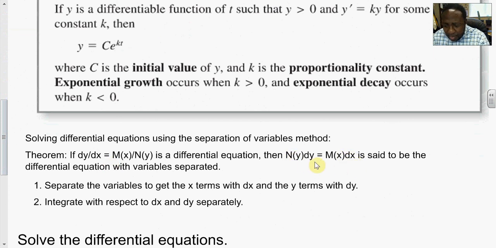N is a function of y, m is a function of x. So basically we're trying to get the like terms together, the x terms with dx, and the y terms with dy. Separate the variables in that fashion, and then integrate with respect to dx and dy respectively.